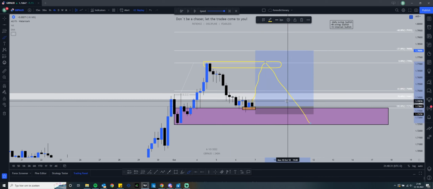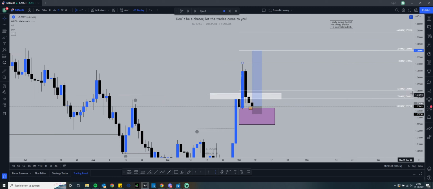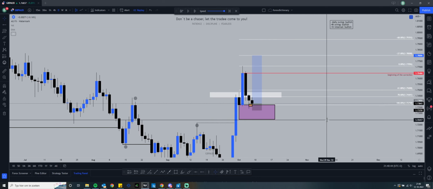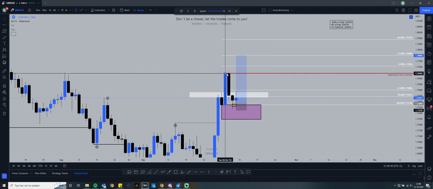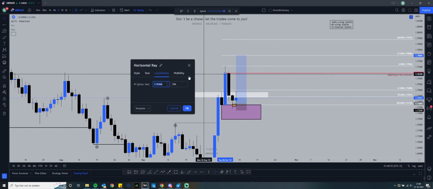Before we go further with the entry, to give you the pro tip: this right here is the beginning of the correction. So you have 2 types of profit targets you can do. Because here is where the daily candle closed, this is a pretty heavy level, because we went up there and came back and closed here.